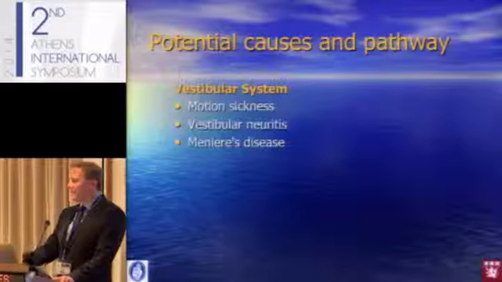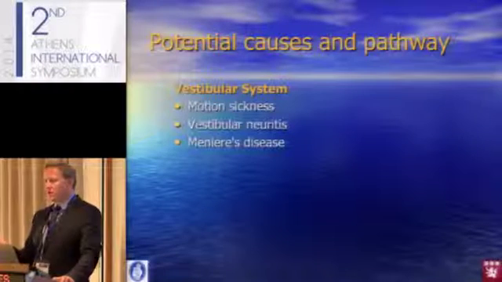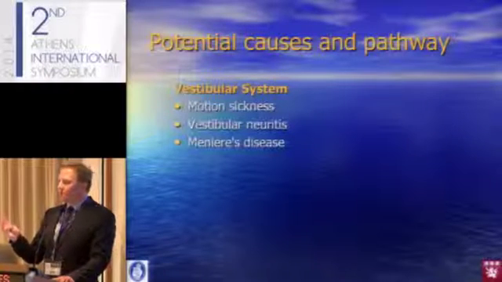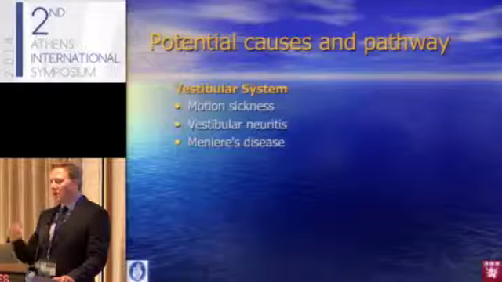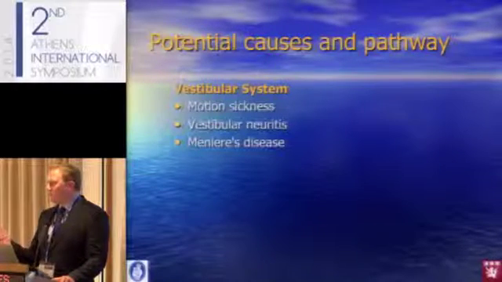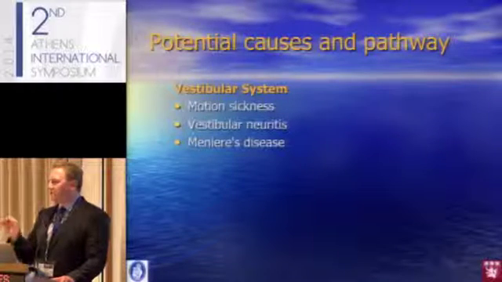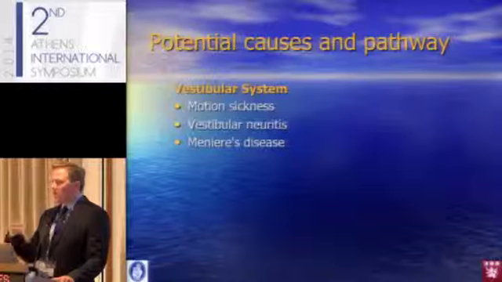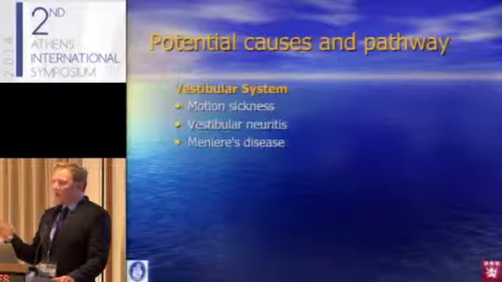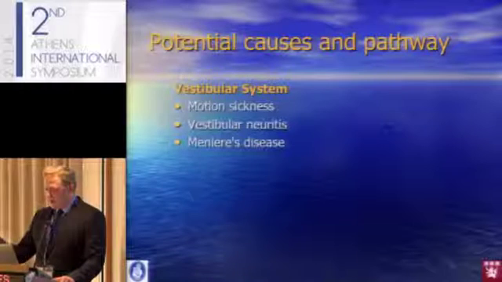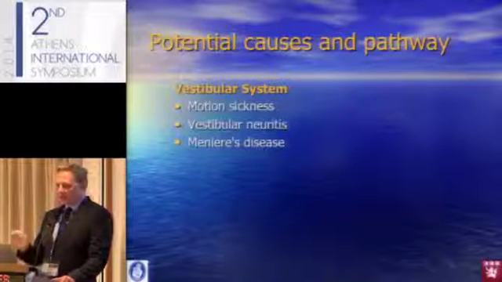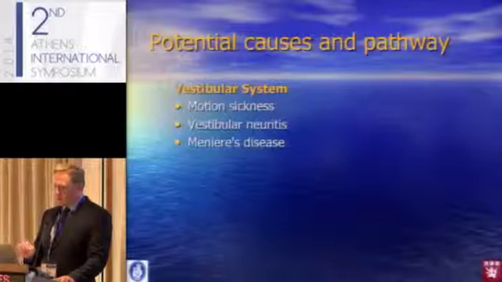Now, I'm going to categorize the etiology of nausea into 4 different centers that will help us to understand how nausea is processed in the brain, and also it will help us to find receptors that we can treat with drugs. So there's the vestibular system, which is affected when you have motion sickness on a boat or on a plane. The same vestibular system is affected when you have vestibular neuritis or Meniere's disease.